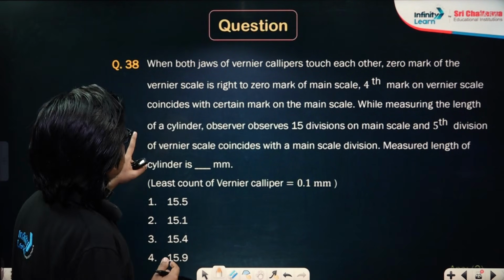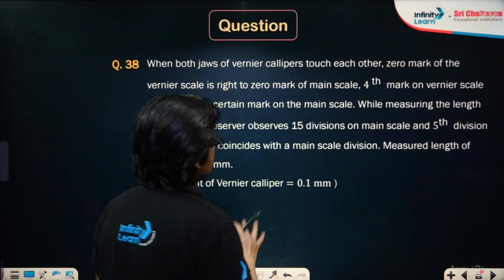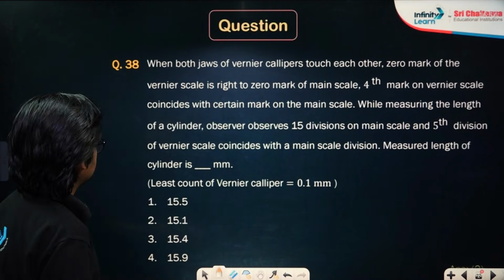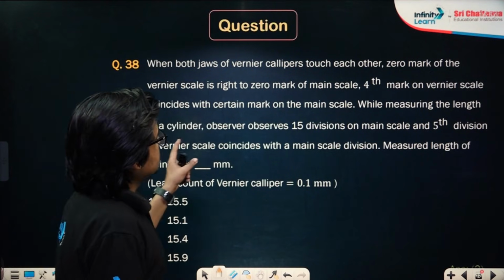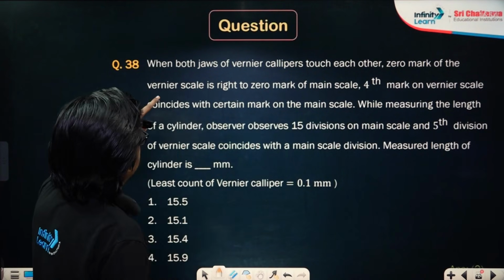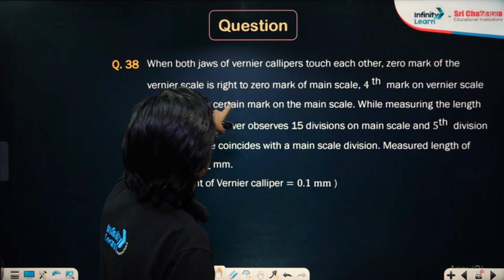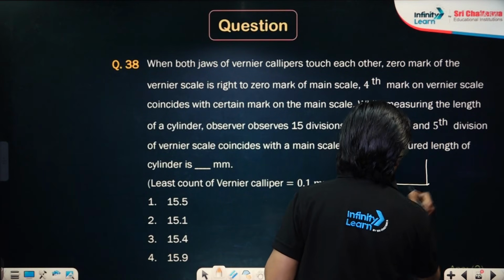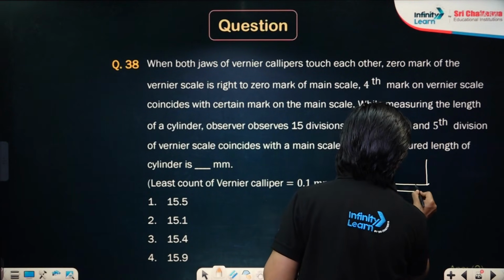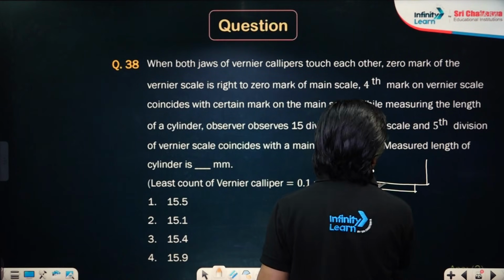Okay, so according to the question, both jaws. Suppose 1 millimeter, main scale reading is not given, I am assuming it to be 1 millimeter. So when both jaws of vernier calipers touch each other, 0 mark of the vernier scale is right to 0 mark of the main scale. Suppose this is the main scale here and this is the vernier scale here. 0 of the vernier scale is this, 0 of the main scale is this, towards right.